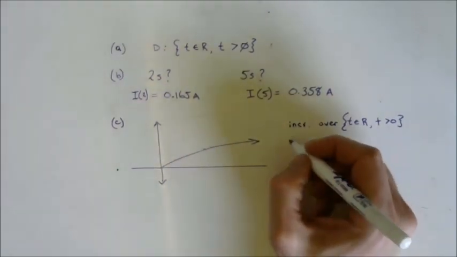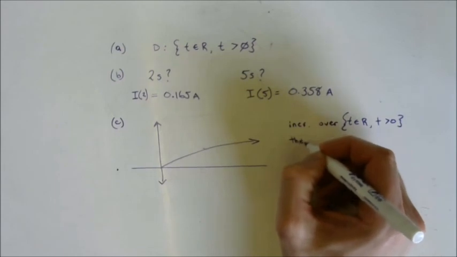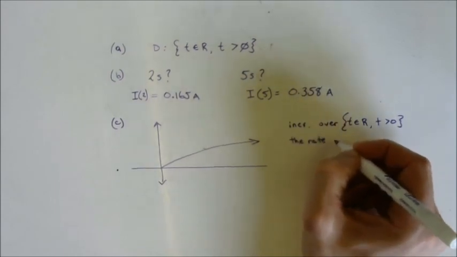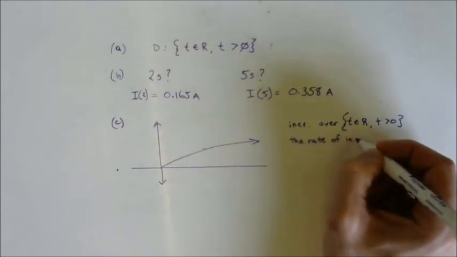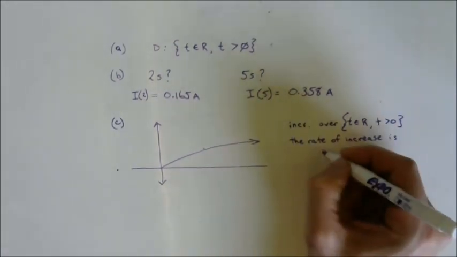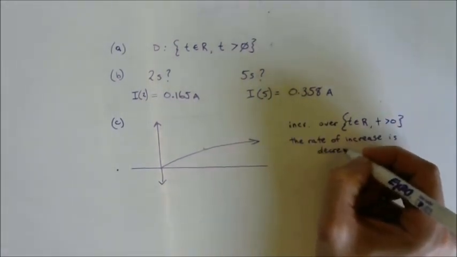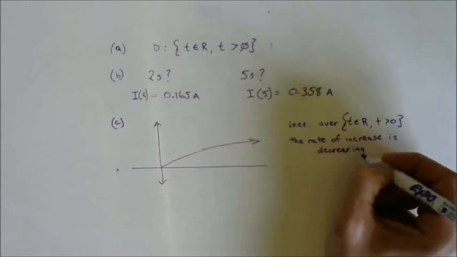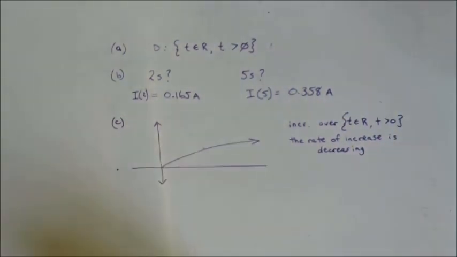Slower and slower. So we can say the rate of increase is decreasing. So the function is not decreasing, but the rate at which the function is increasing is decreasing. It's growing slower and slower. Okay?